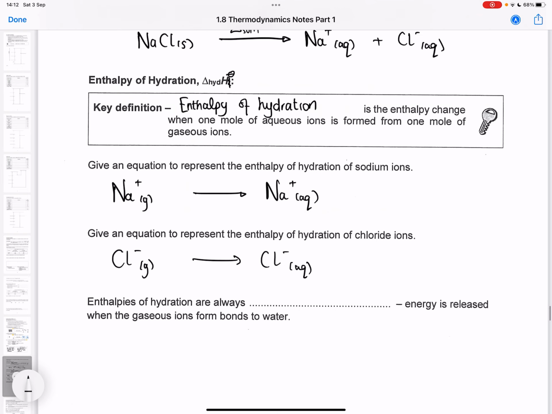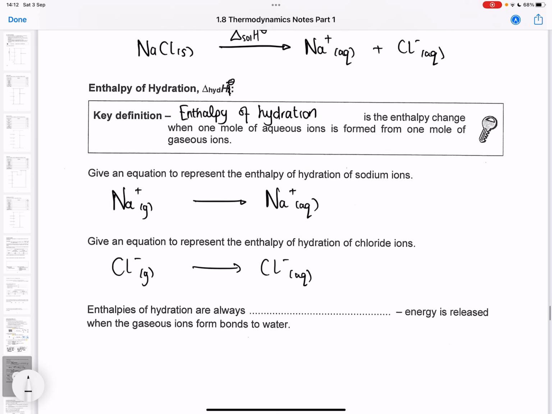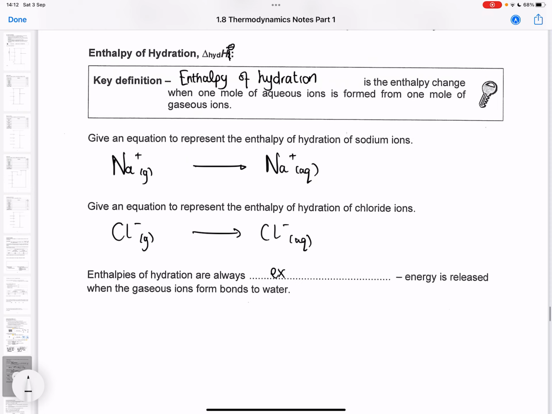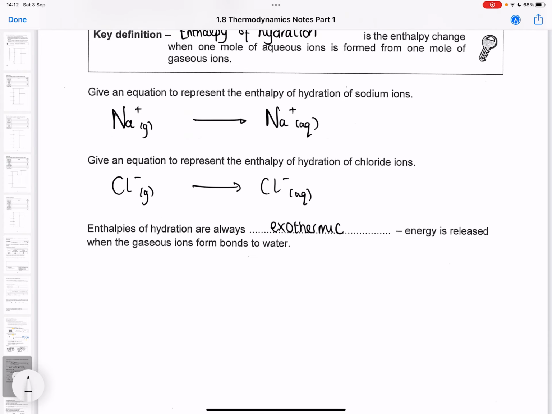State symbols are so important here. So enthalpy of solution could be positive or negative depending on this balance, but enthalpy of hydration is always exothermic, because energy is always released when the gaseous ions form bonds to water. These are called ion-dipole attractions, and there's always going to be energy released.